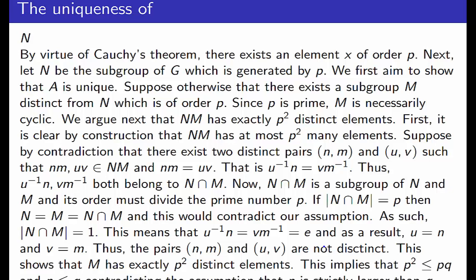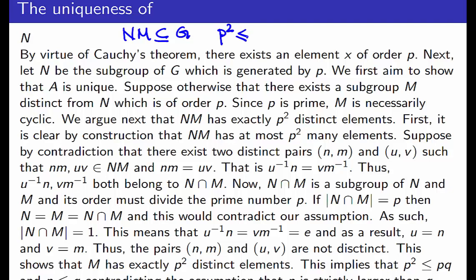Now, this will imply that the point here is that NM is a subset of G, but it has p squared many elements.